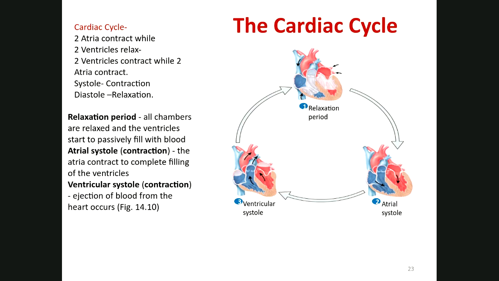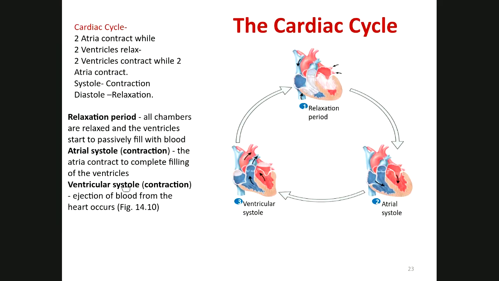So the cardiac cycle. When we talk about the cardiac cycle, it includes a relaxation period when all chambers are relaxed and the ventricles start to passively fill with blood. And then there's atrial systole. When you think of systole, it's the contraction. The atria are contracting to completely fill the ventricles.